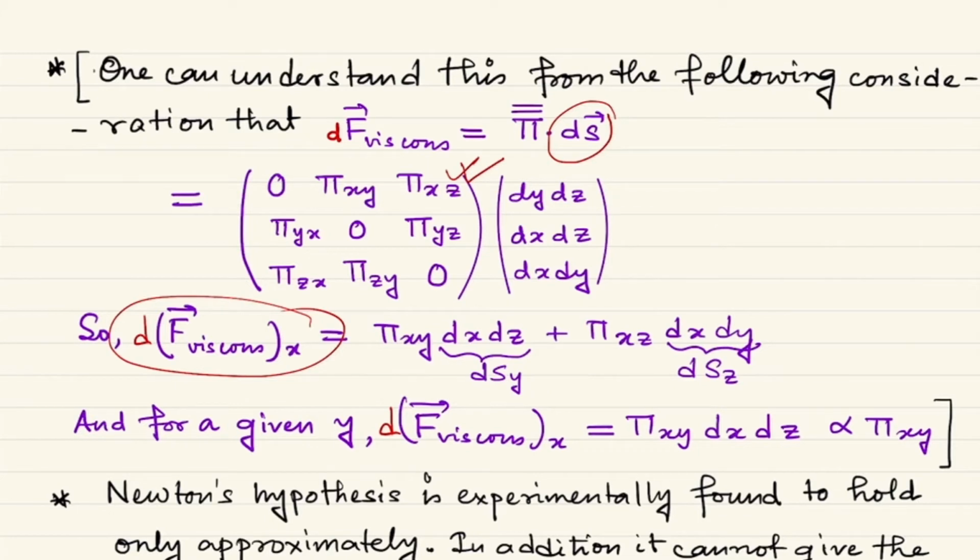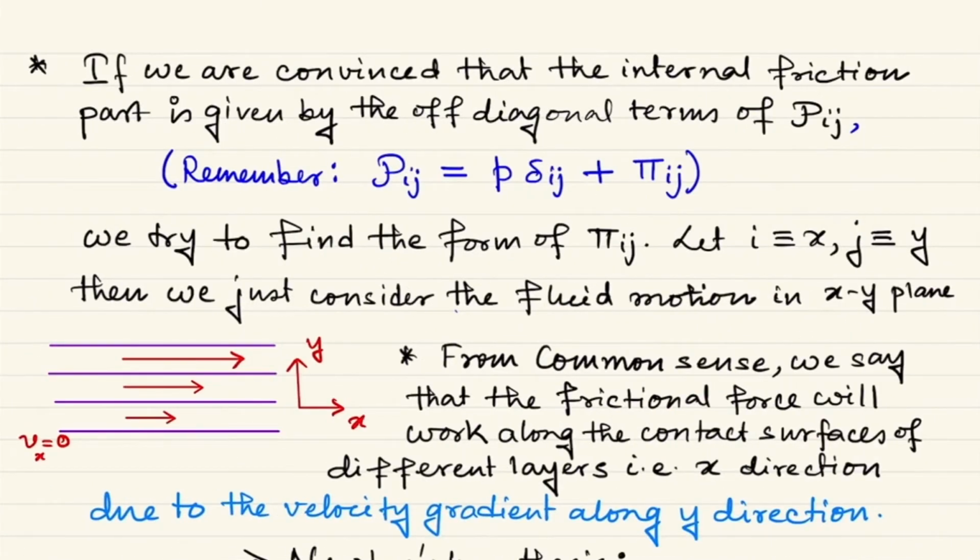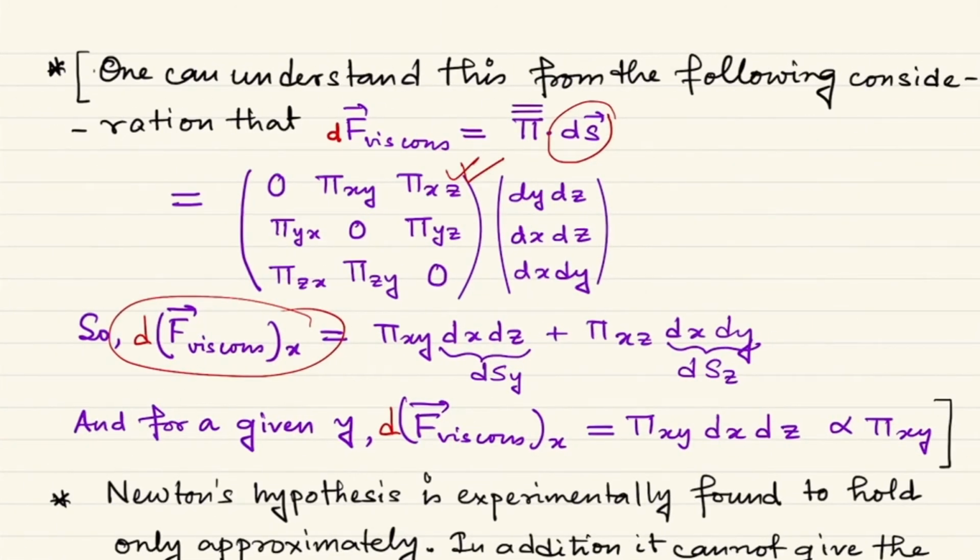And for our case, we are just concentrating at one value of y, for example at one layer. Okay, so y is constant, so this part is 0, so we only have finally dF viscous x is nothing but pi xy dx dz, because dy is 0.